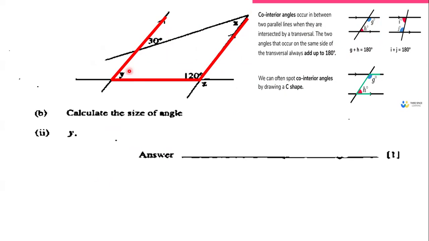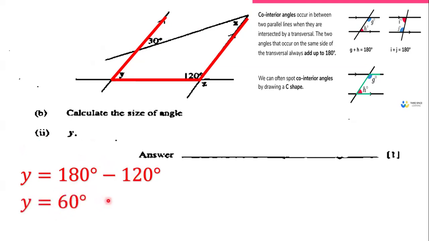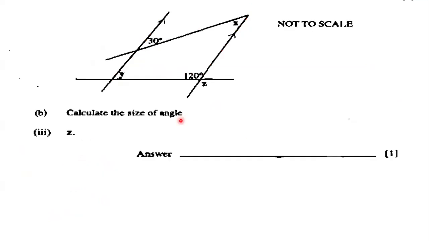And so if we want to figure out the size of angle Y, we have to subtract. We take 180 minus 120, and that gives us 60 degrees. And so Y is equal to 60 degrees, which makes sense because 60 plus 120 add up to 180 degrees.